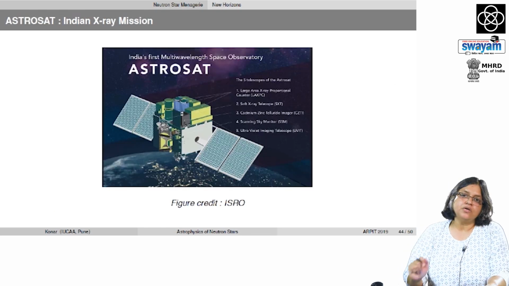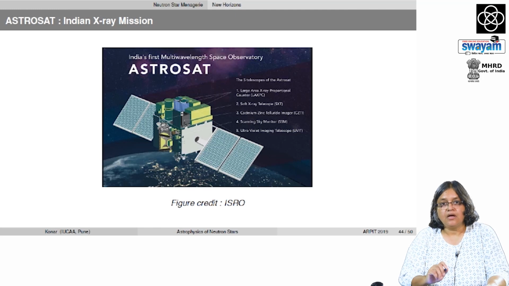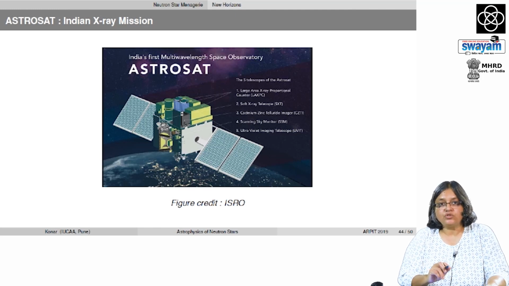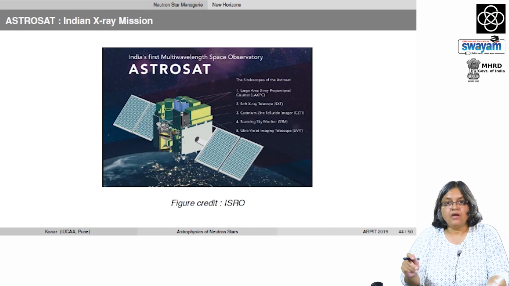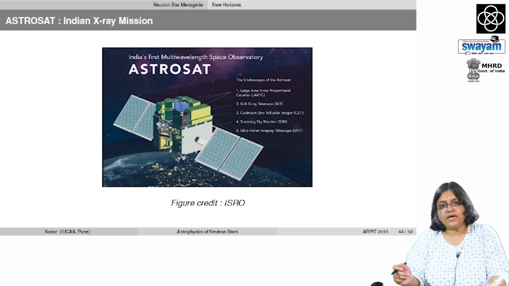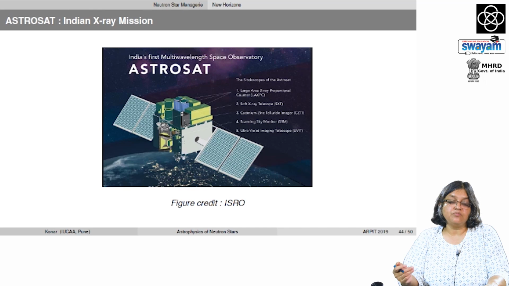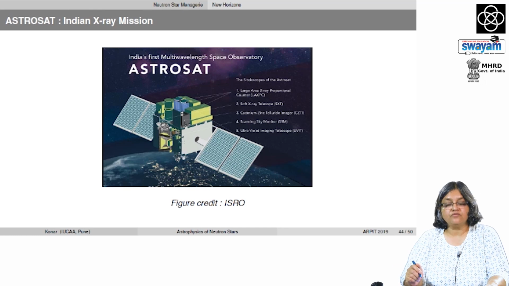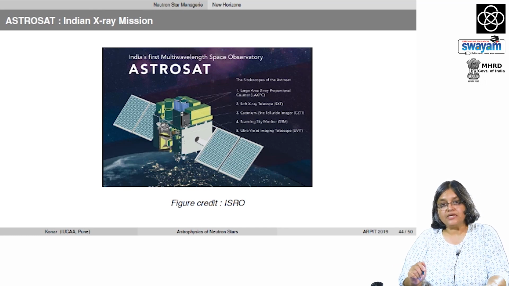Now, before finishing my lectures, I would like to mention that in order to understand all the facets of the neutron star, we need to understand neutron star behavior in the high energy regime, and the high energy regime which is most important for the physics of neutron stars is the X-ray regime.